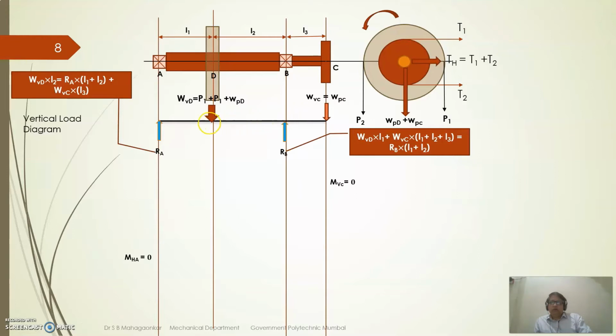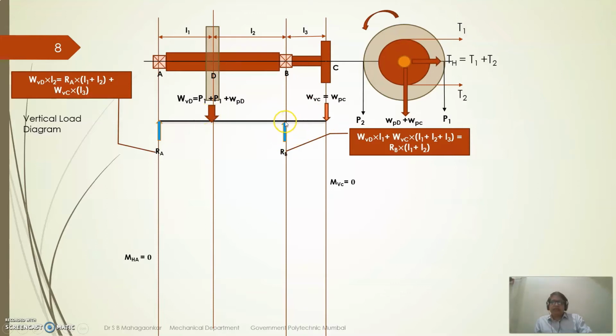RA acts in the upward direction and will give a clockwise moment. And WBC on the right side again gives a clockwise moment. The clockwise moment must be equal to the anti-clockwise moment, which is from WBD.